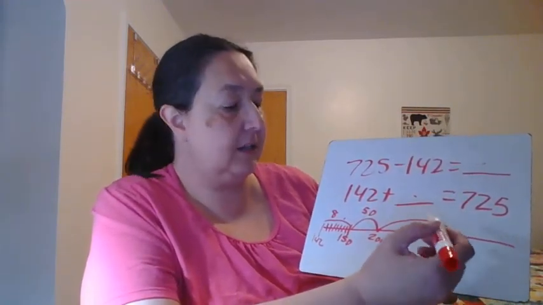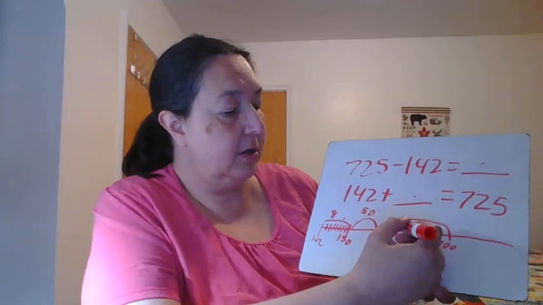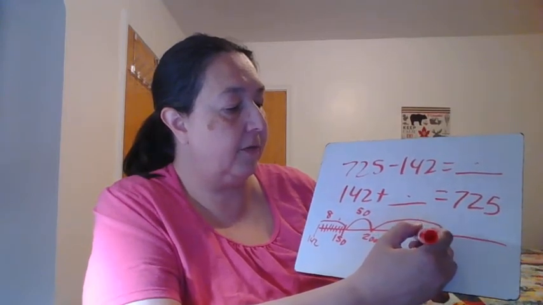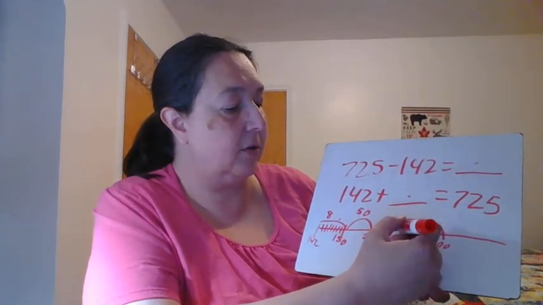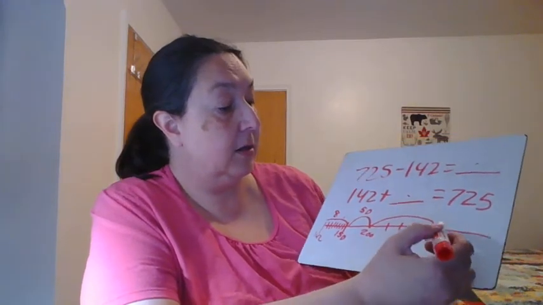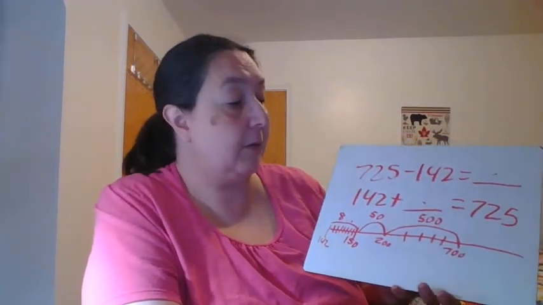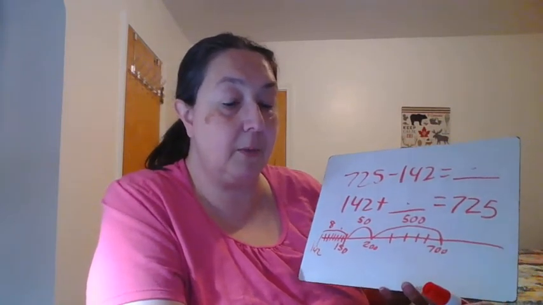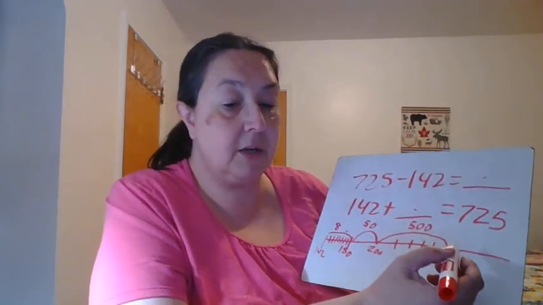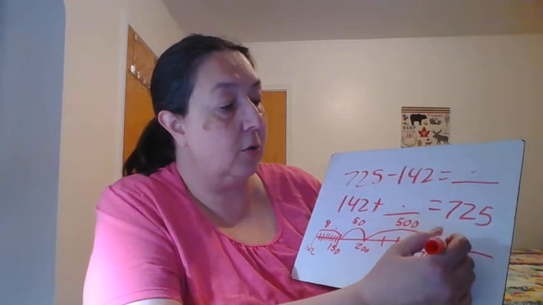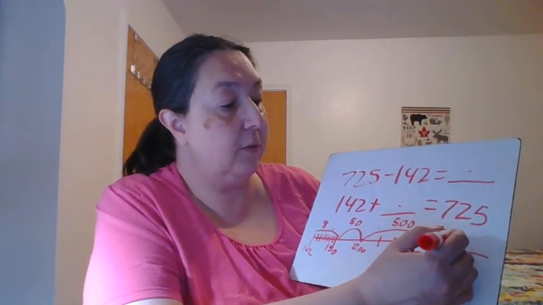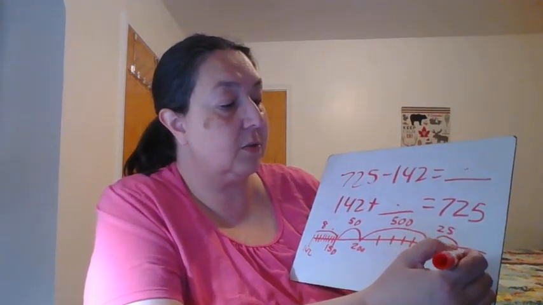So I'm at 200. This would be 300, 400, 500, 600, 700. I have gone 500 in my counting up. That's what this math problem is showing you. I'm now at 700, and I'm going to now go plus 25 to get to 725.